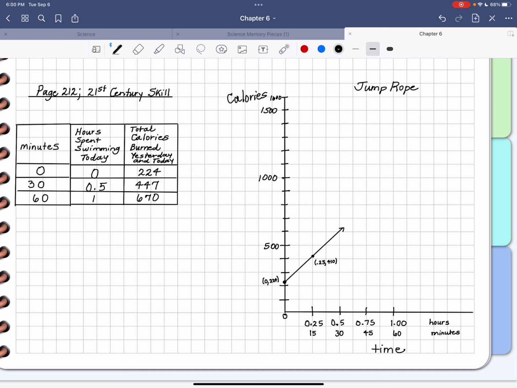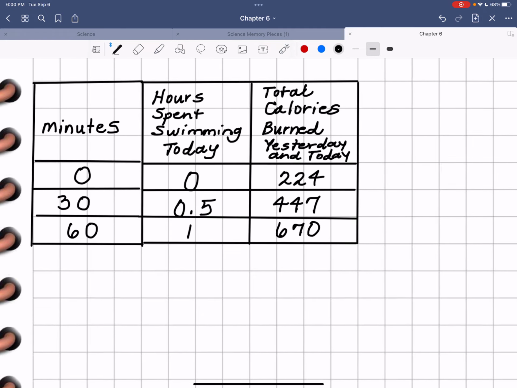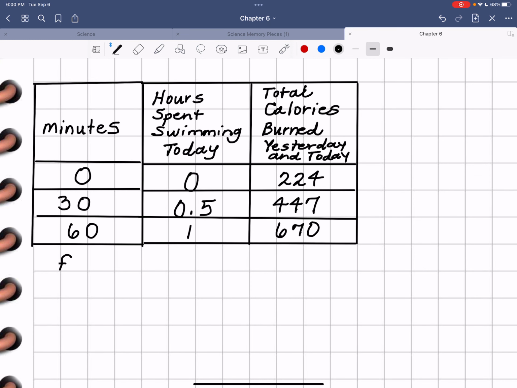Okay, so we need to compare these graphs in order to answer some questions that I'll read in just a minute. But the first thing I'm going to do on this table, I need to find the slope. So I'm going to pick 2 points. I do not want to use the y-intercept. I want to use the 2 points that have actual values for the points.